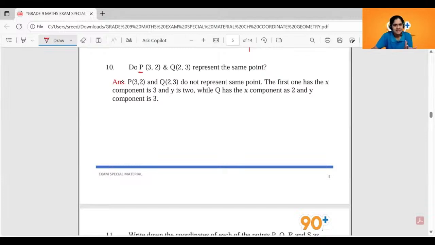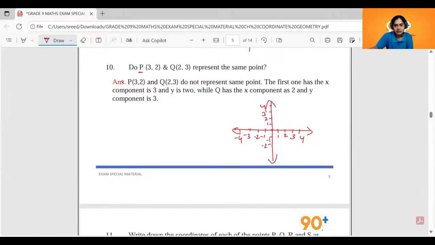If you want a clear justification, just draw the coordinate system and see. That's the best way to solve any question in coordinate geometry. 1, 2, 3, 4, -1, -2, -3, -4, 1, 2, 3, 4.